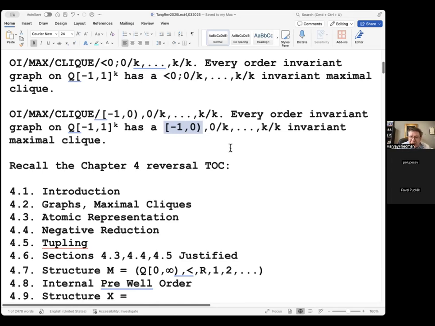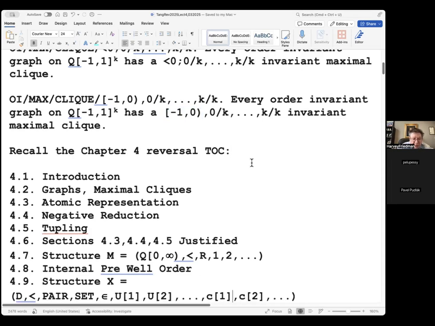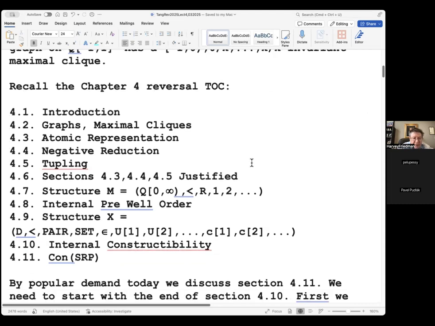So you want basically the same invariance for the core math and for the logic. All right, so recall that this is the reversal structure, these 11 sections.